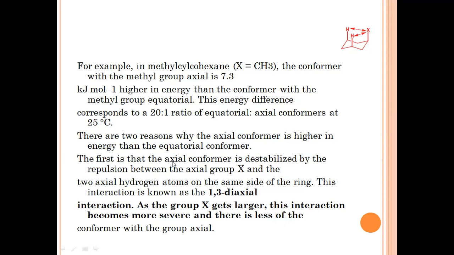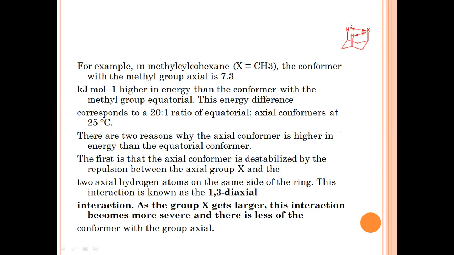The first reason behind the high energy of the axial substituent is that the axial conformer is higher in energy than the equatorial because of the repulsion between the axial substituent atom and the axial hydrogen atoms, which are generally at the first and third positions, known as 1,3 diaxial.